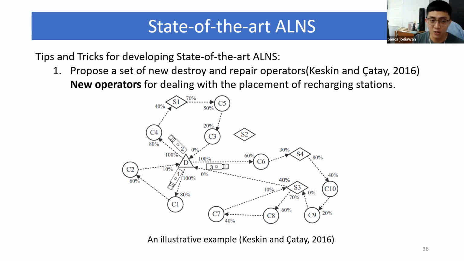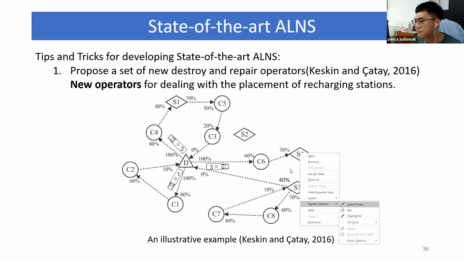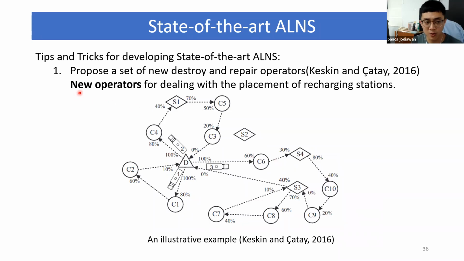In the CVRP, you do not need to decide when the vehicles need to refuel, but in electric vehicles, you need to consider when to recharge the vehicle and how much battery level you want to recharge. Since new decisions appear in this problem, it is worth proposing new operators for dealing with the placement of recharging stations.